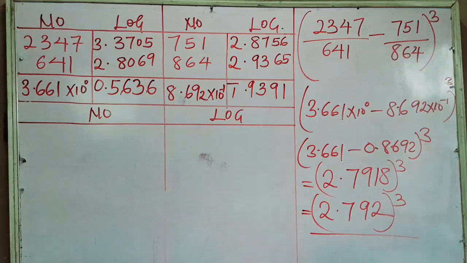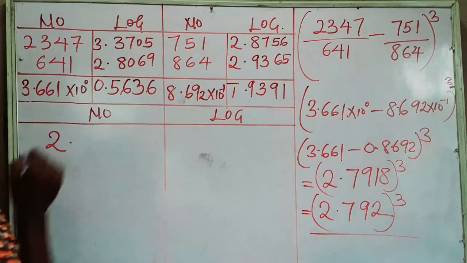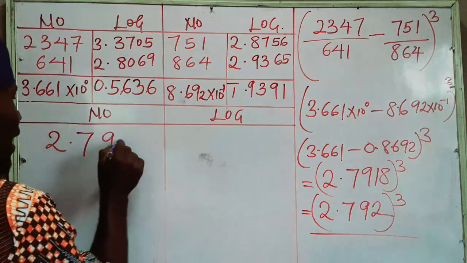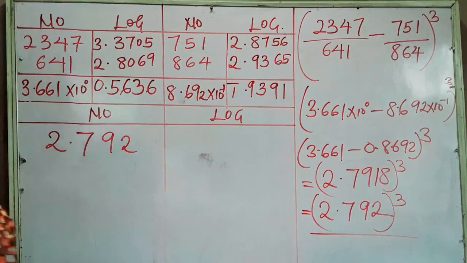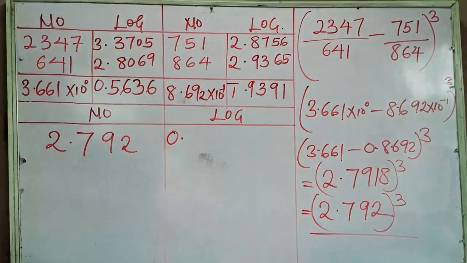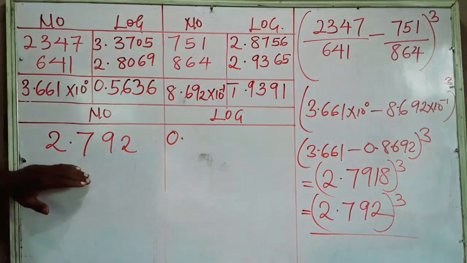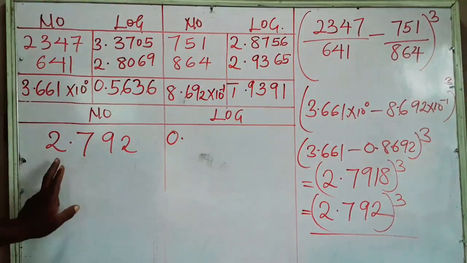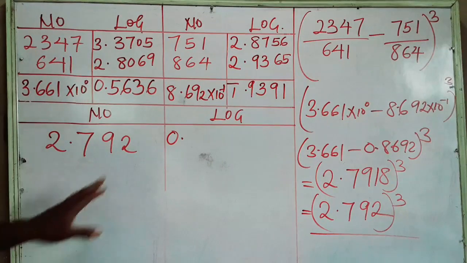So you start again by putting the number and log. Number and log of 2.792. The first thing you do is 0 point, so you have 27 under 9 difference 2.